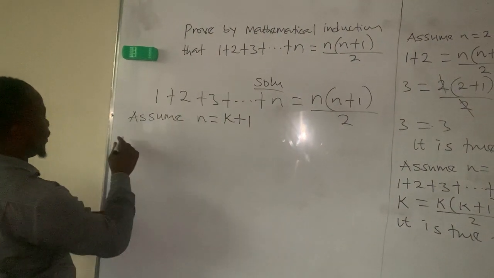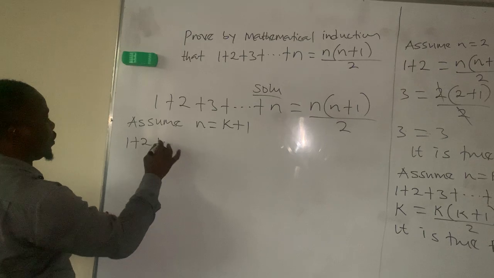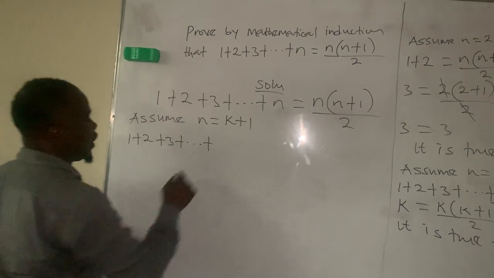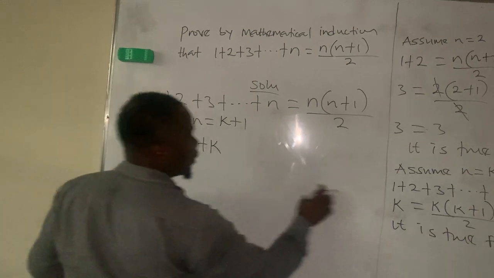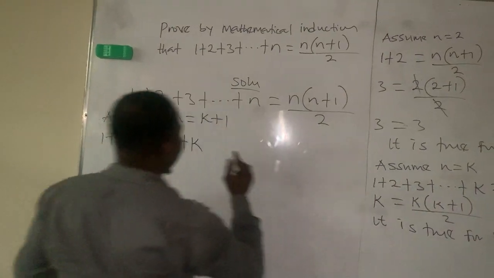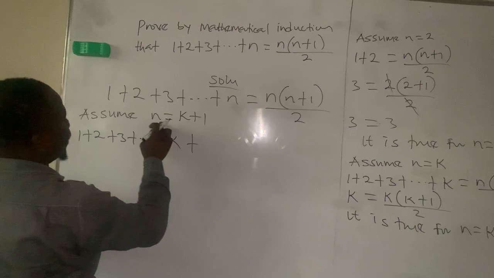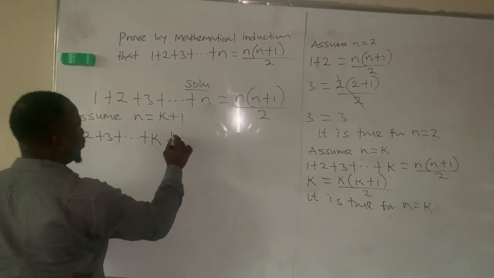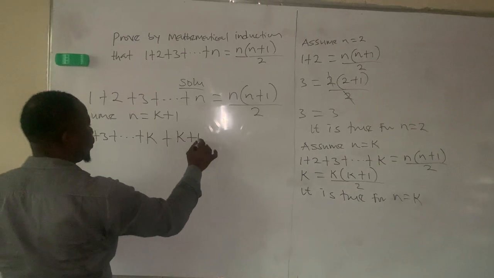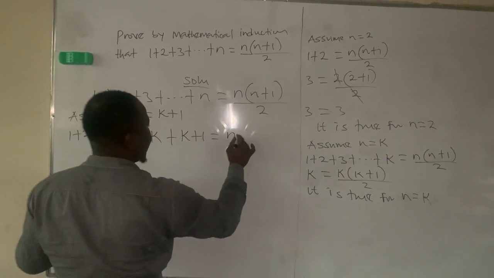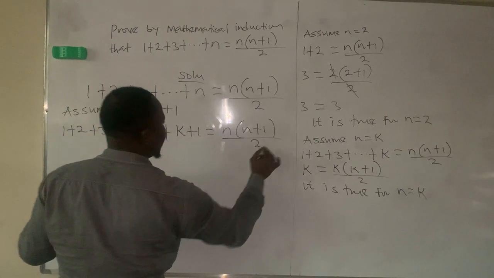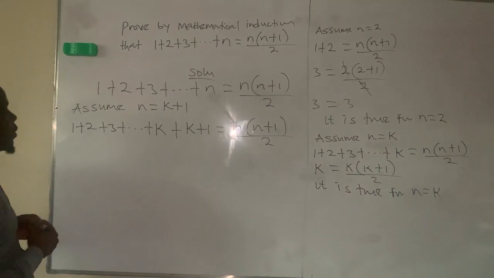We now write 1 plus 2 plus 3 plus ... plus k, then plus (k plus 1), as we said, let n equal k plus 1. So we write k plus 1 equals n(n plus 1)/2.